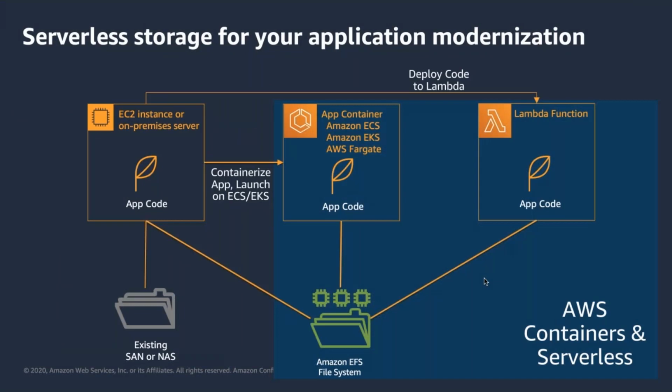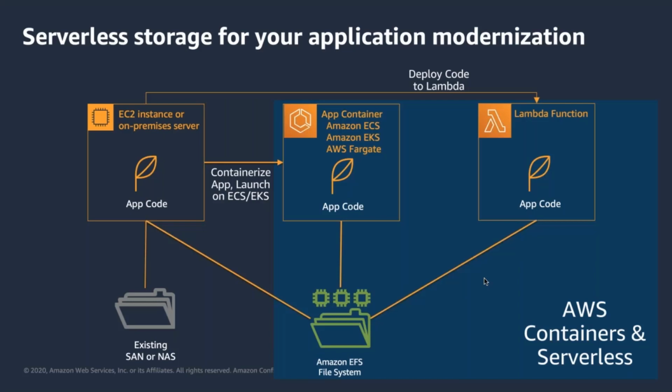Now, the way this often looks when you modernize an existing application is you have a server today, and that server is either an on-premises server or an EC2 instance, and it's running some application, and that application is made up of code. Now you have two choices to modernize your application. One is you can containerize it and run that application using Amazon Elastic Container Service or Elastic Kubernetes Service with or without AWS Fargate.